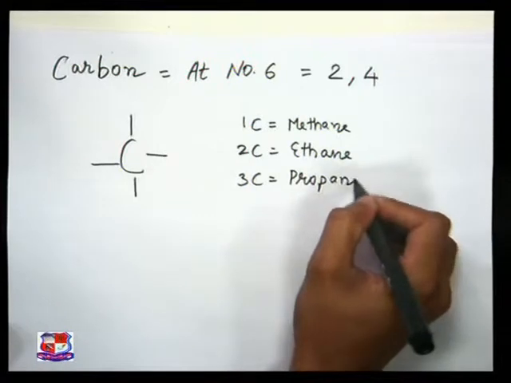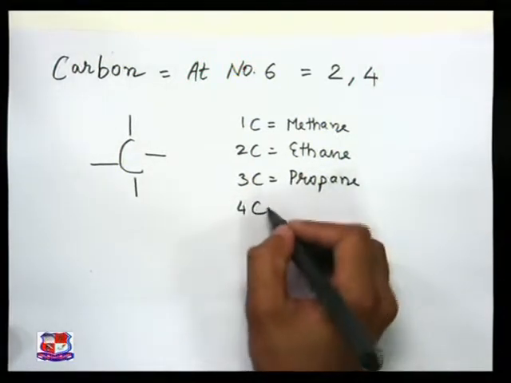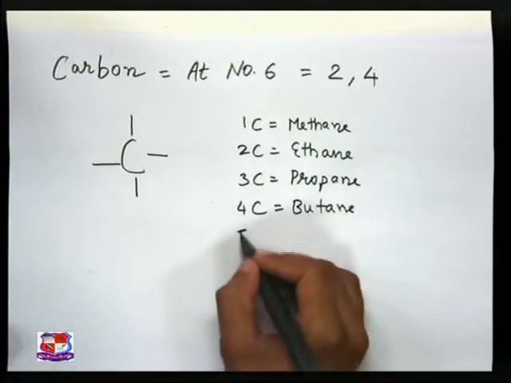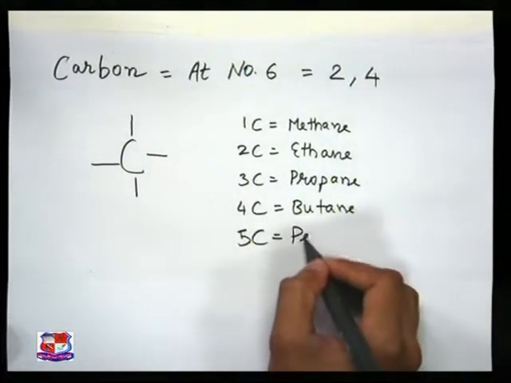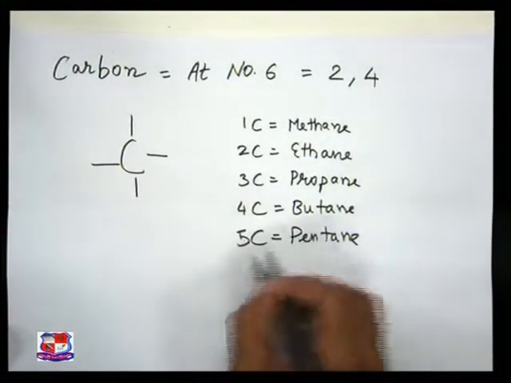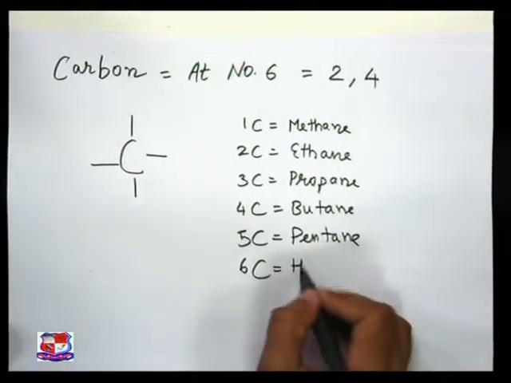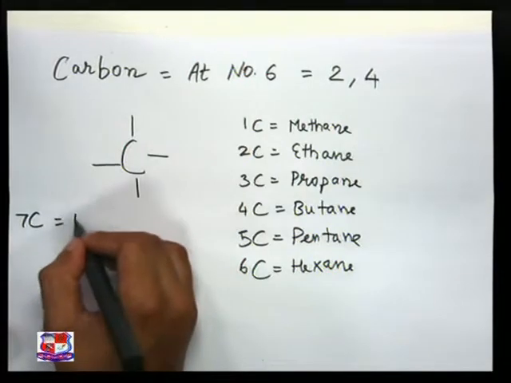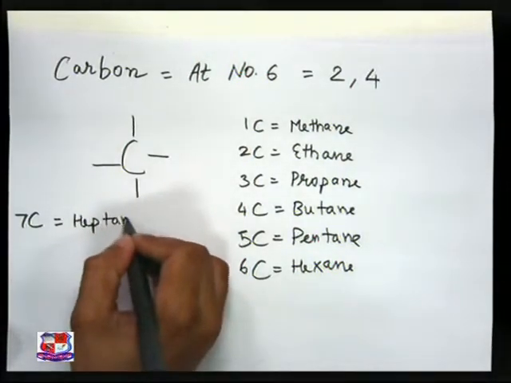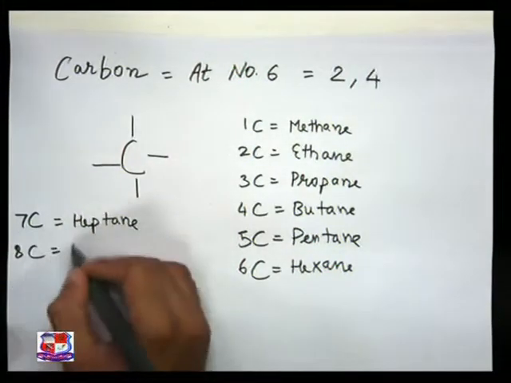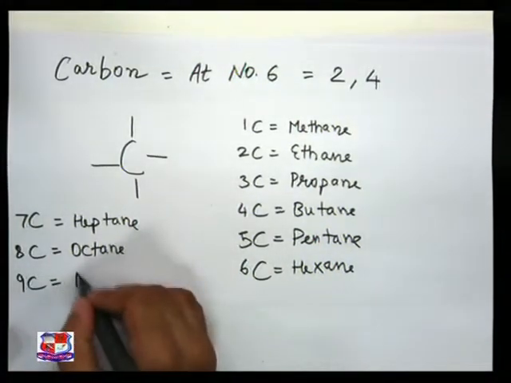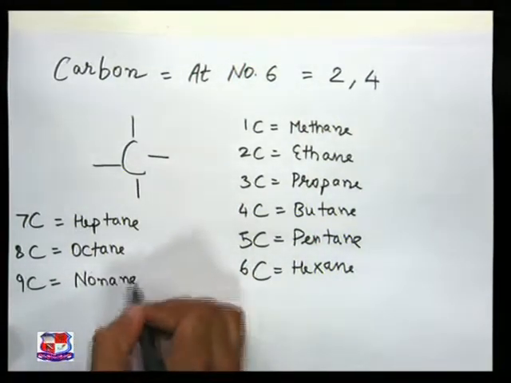In the same way, the 4 carbon compound is butane, the 5 carbon compound is pentane, the 6 carbon compound is hexane, the 7 carbon compound is heptane, the 8 carbon compound is octane, the 9 carbon compound is nonane, and the 10 carbon compound is decane.